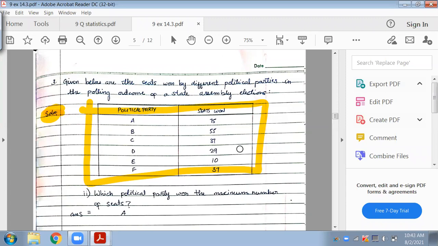Once you're done drawing the table, you can raise your hand. Okay, so understood.